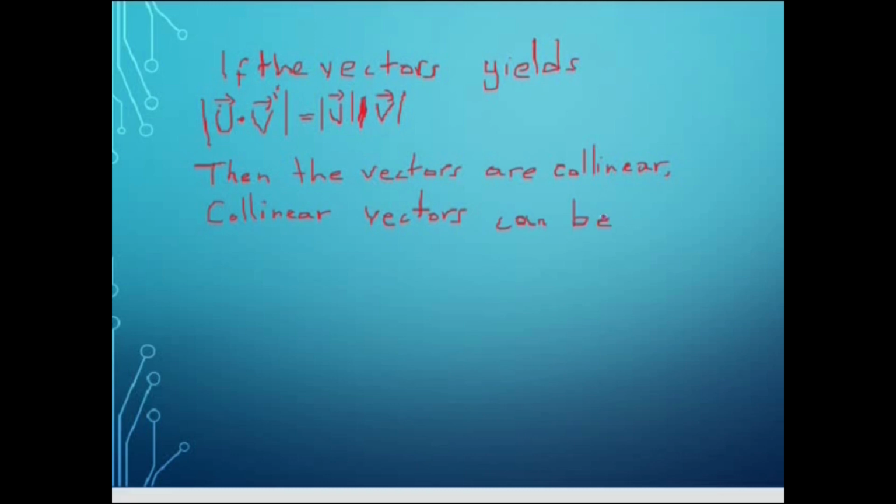Collinear vectors can be parallel to each other by the equation: the scalar product of u and v equals the magnitude of u times the magnitude of v. It means they have the same direction.